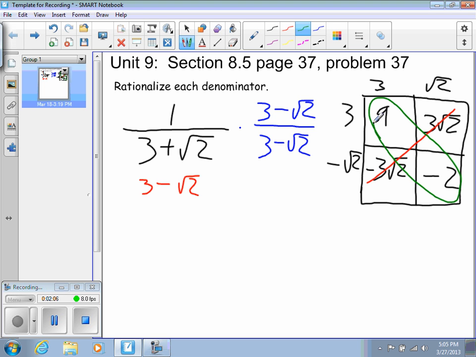Now notice, this one right here is the square of this first term. It's these two 3's multiplied.